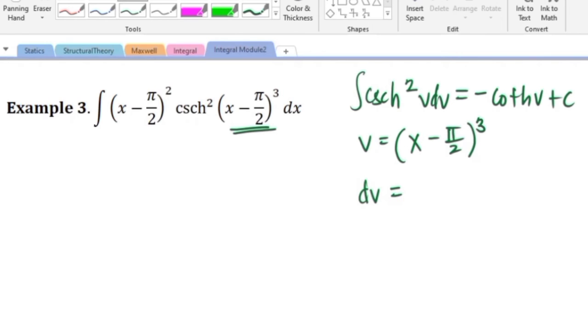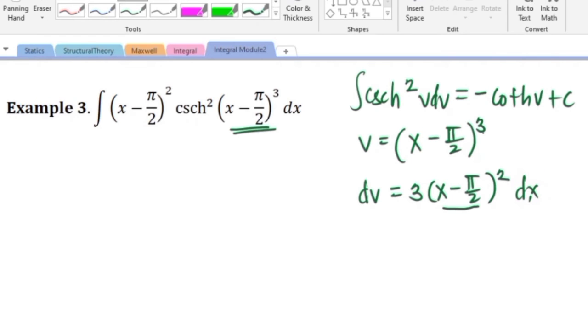So sabi nung derivative, we have to multiply the n and subtract the exponent by 1. So we have square multiplied by the derivative nung base, and that is dx.